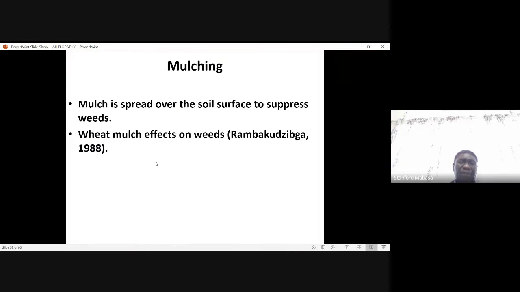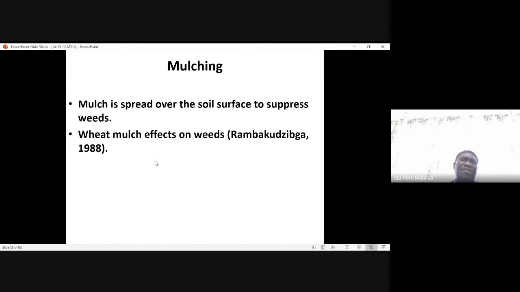Mulching. Now, mulch is the spread of crop residues on the soil surface to suppress weeds. Wheat mulch can do the same effect.